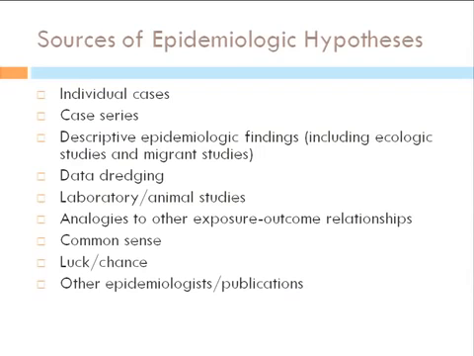Laboratory or animal studies. Analogies to other exposure-outcome relationships. Common sense. Sometimes it's luck or chance that leads you to a hypothesis. And then there are also other epidemiologists or publications.